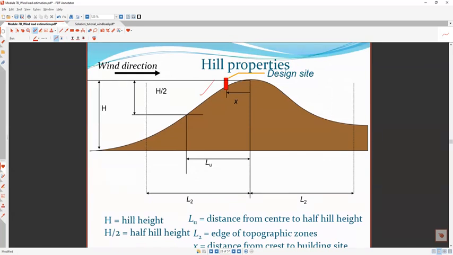But certainly you could see that because this is sitting on a hill, you can have different effects. Whether this side or that side, which side the wind is blowing from, and where it is located. Imagine if it is located on top, it will be another different scenario because it is very exposed to wind.